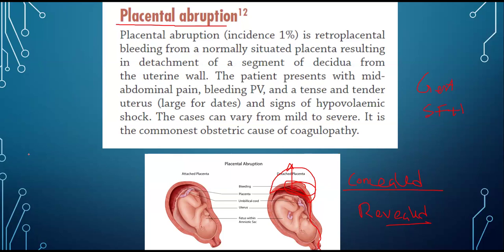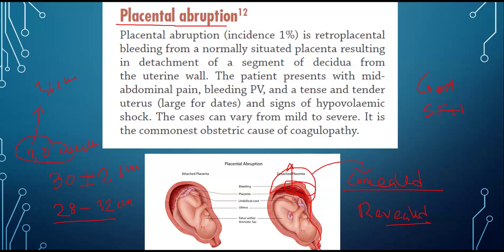So if gestational age is 30 weeks, the uterine height should be 30 plus or minus 2 centimeters, so between 28 to 32 centimeters is normal. But now, because the uterus is getting larger with blood accumulating, you will find that in a 30 weeks pregnant patient, the uterine height might be 36 centimeters. So the symphysiofundal height will be greater than the gestational age. That's one of the findings you can get in the concealed variety.